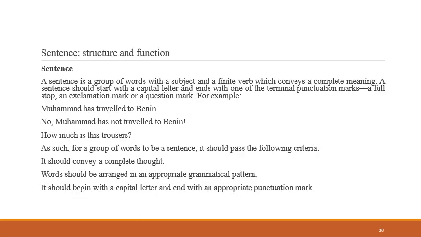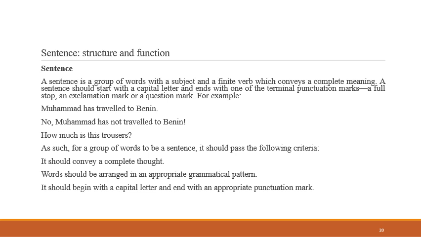And now to the sentence, which is the focus of our discussion. Remember, we said that a sentence is made up of clauses, which are also made up of phrases, which are also made up of words. A sentence is simply a group of words with a subject and a finite verb.